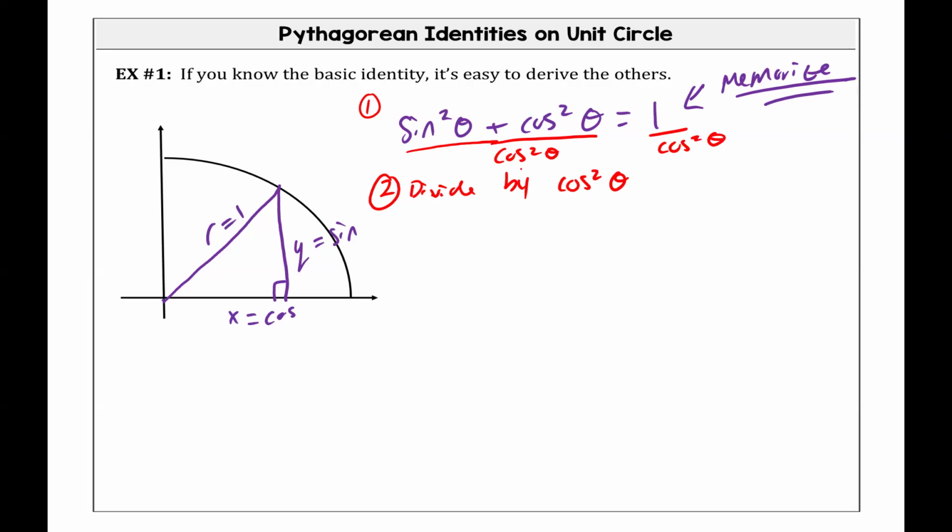By doing this, sine squared over cosine squared gave them tan squared theta. Cosine squared divided by cosine squared gives them 1, and 1 divided by cosine squared gives them secant squared theta. And that's how the second one came into play.